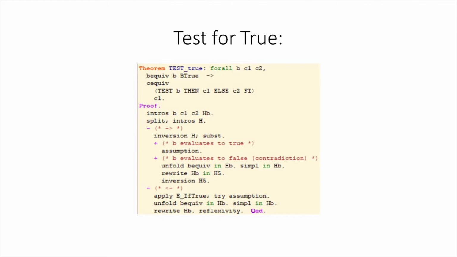So we need to proceed by cases on the rule, and these two cases are E if true and E if false. And it's fairly simple to see that E if true is the case that we want to use here. Given the premise that E if true, ST C1 ST prime was the example that we gave.